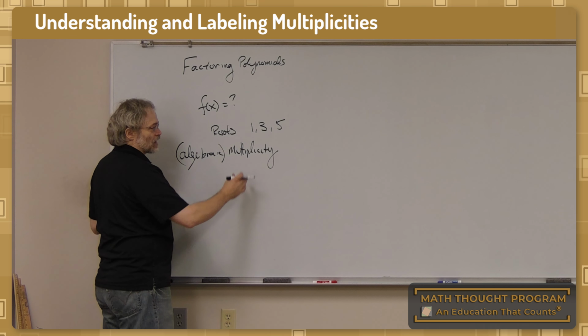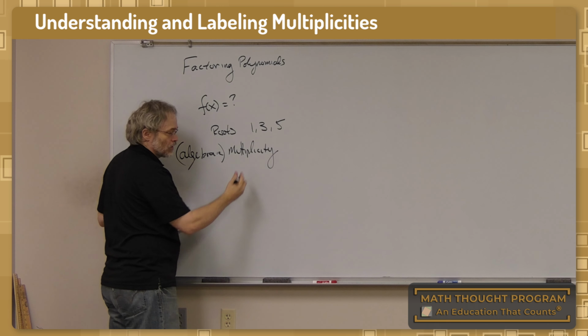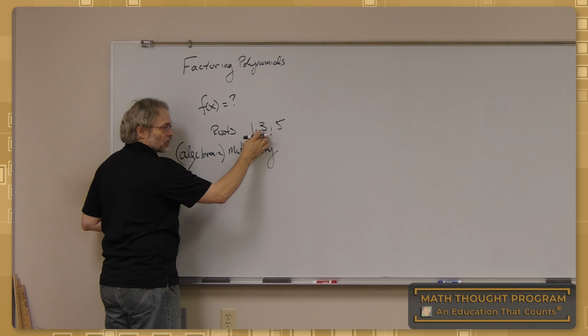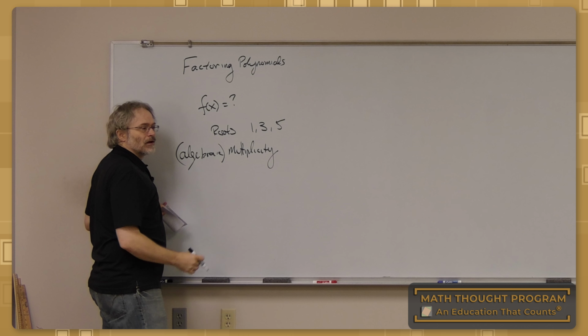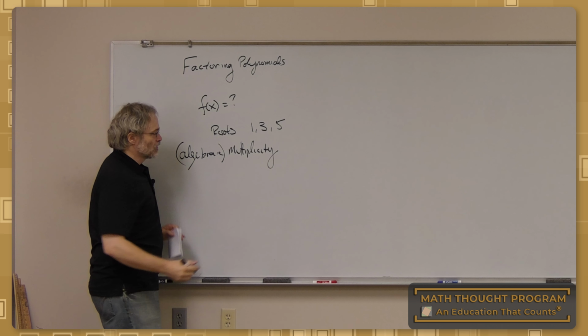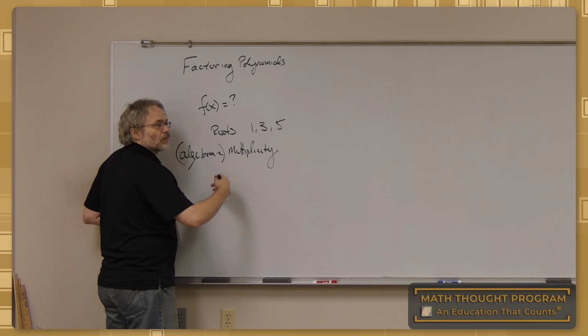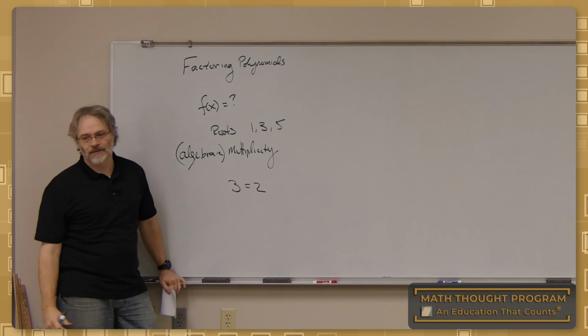Let's say for a moment that the algebraic multiplicity, or the multiplicity, of 1 is 1, and the multiplicity of 3, let's say it's going to be 2, and maybe this one, let's just say it's going to be 3. It's not going to make a lot of sense for me to say that the multiplicity of 3 is going to be 2.